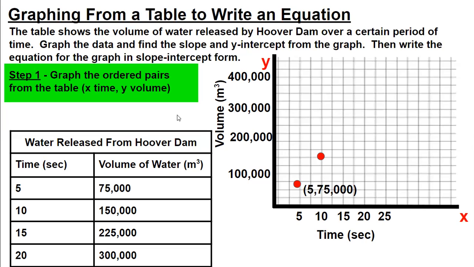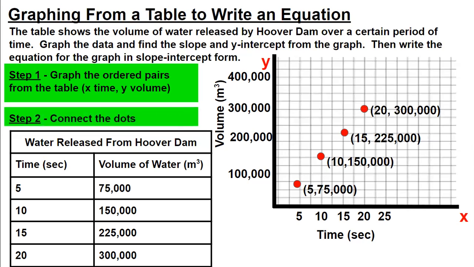Now let's plot 15 to 25. Oh, forgot to put the 10 in there. So 15 to 25 is right there. And 300,000 is right there. And then the fun part, connect the dots.